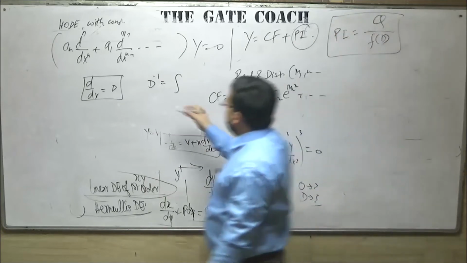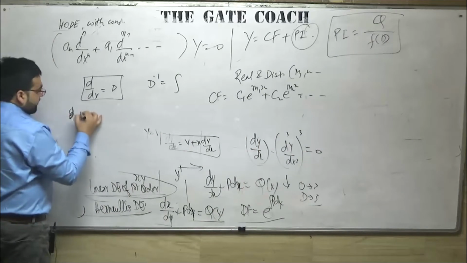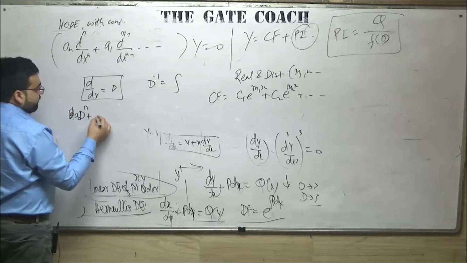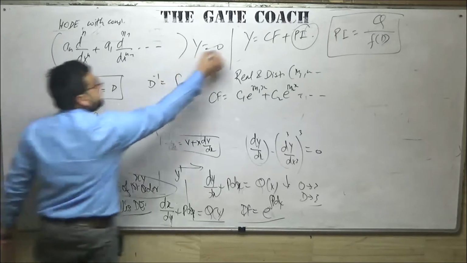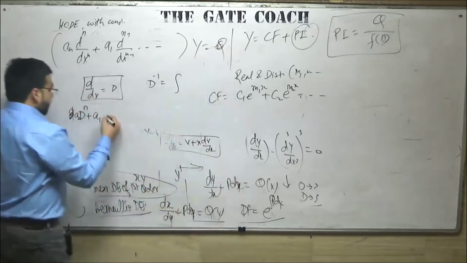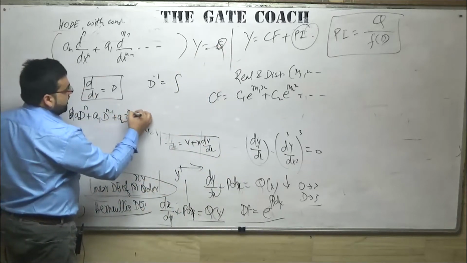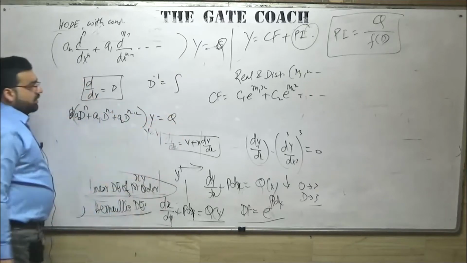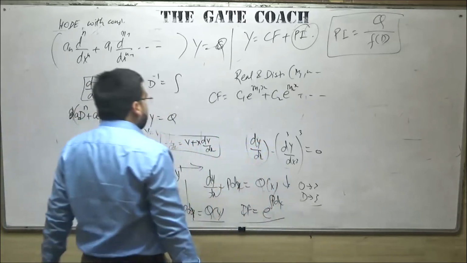Q is the right hand side. This differential equation can also be written as (D^n plus a1 D^(n-1) plus a2 D^(n-2) and so on) into y is equal to Q. Particular integral will be equal to Q divided by f of D.